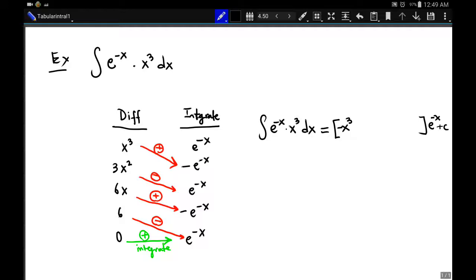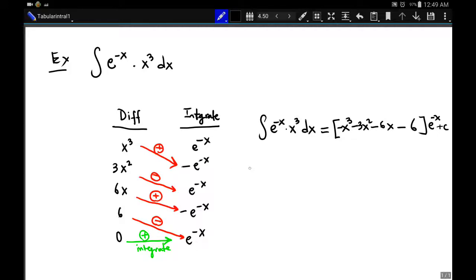And then 3x squared, and then with minus sign, so negative 3x squared times e to the negative x. 6x times negative e to the negative x is negative 6x. And then 6 times this is negative 6. And then 0 times e to the negative x is 0, so there is nothing coming from here.